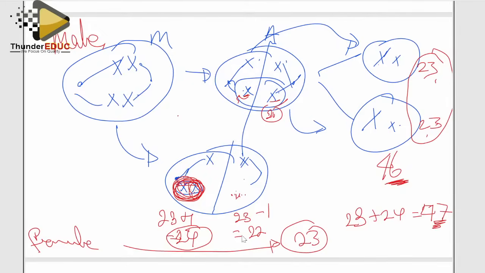But why do we call it trisomy? Because it's going to have two of them of the same kind, and then one from the mother. So they become 3, so it becomes trisomy.